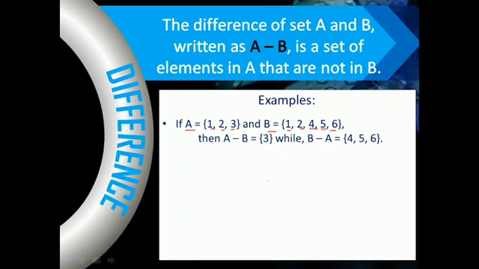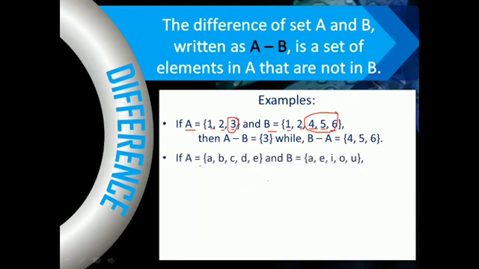That is because, let's take a look at this first one, A minus B. Only the number 3 is present in A that is not in B. While in B minus A, 4, 5, 6 are the numbers that are present in B and are not in A. So that is 1.